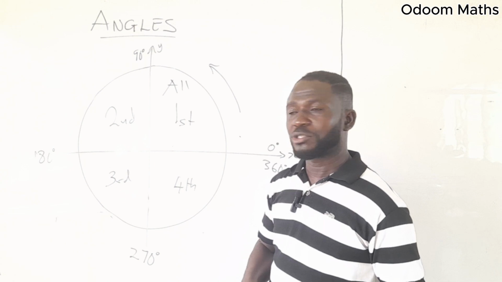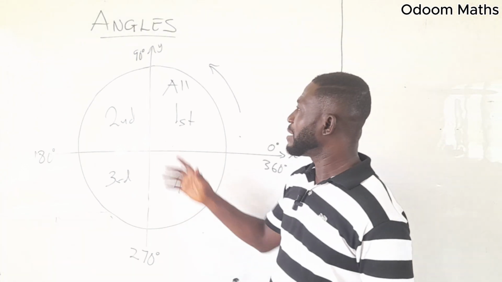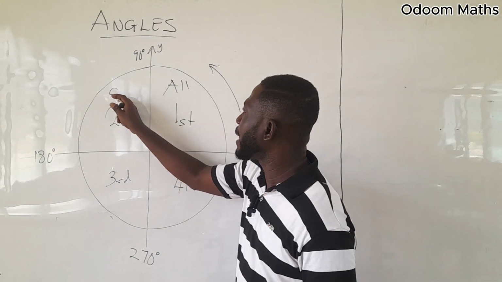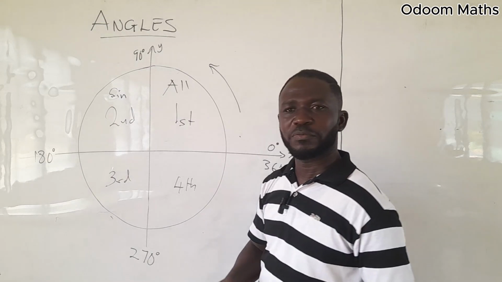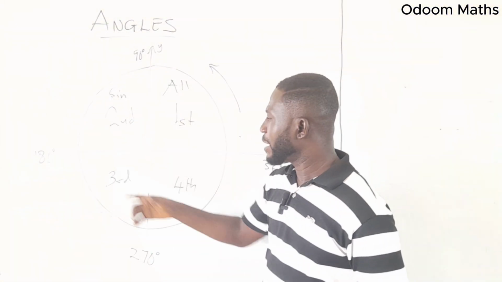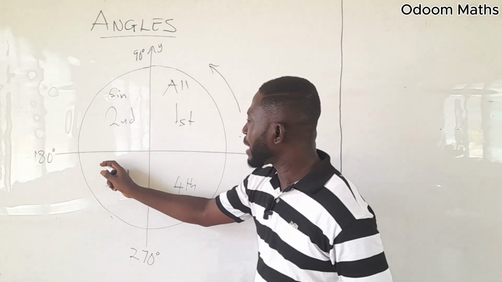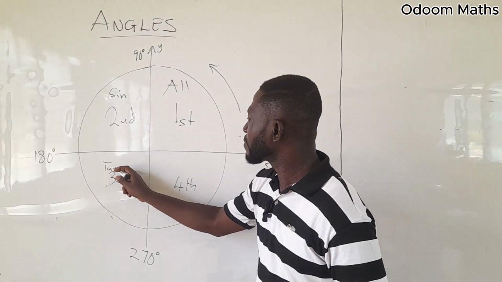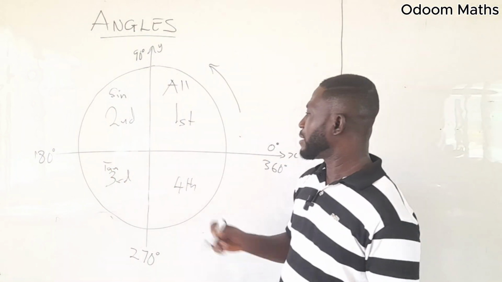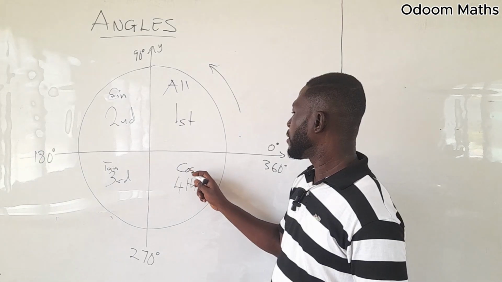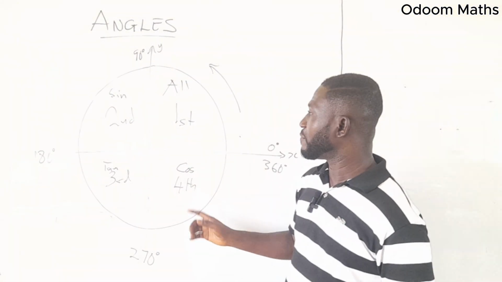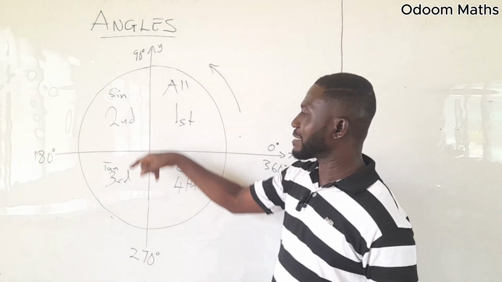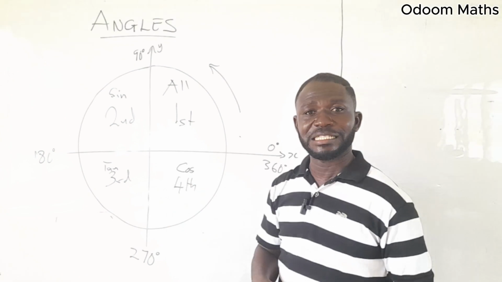Then in this place, only sine is positive. Here, only tan is positive. The last one, only cosine is positive. We call this the CAST diagram.